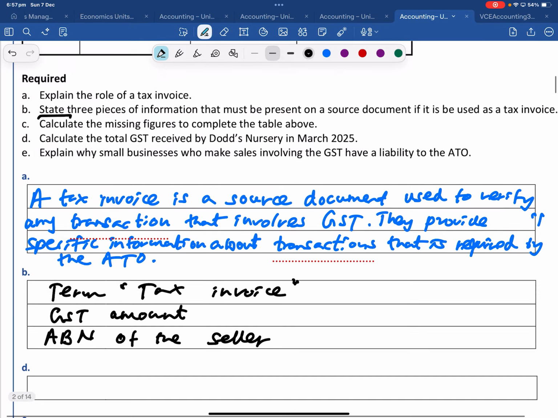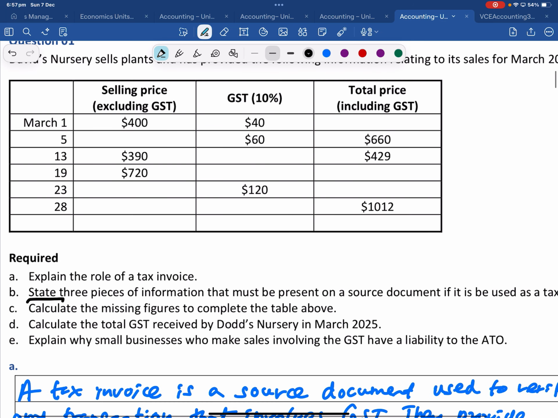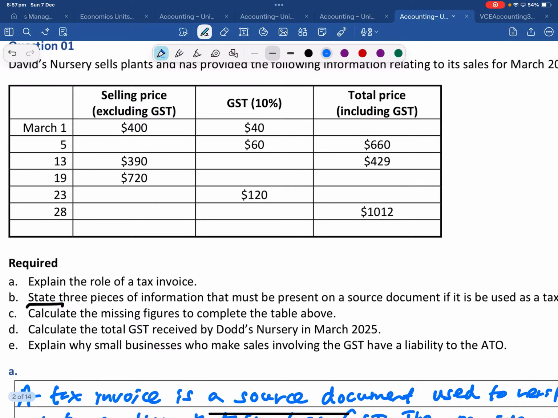Okay guys, part C. Calculate the missing figures to complete the table above. So March 1st, how much is the amount? 440, good. Then March 5th, 600. 13th, 39, 72, and 792. 23rd, 1200, 1320.